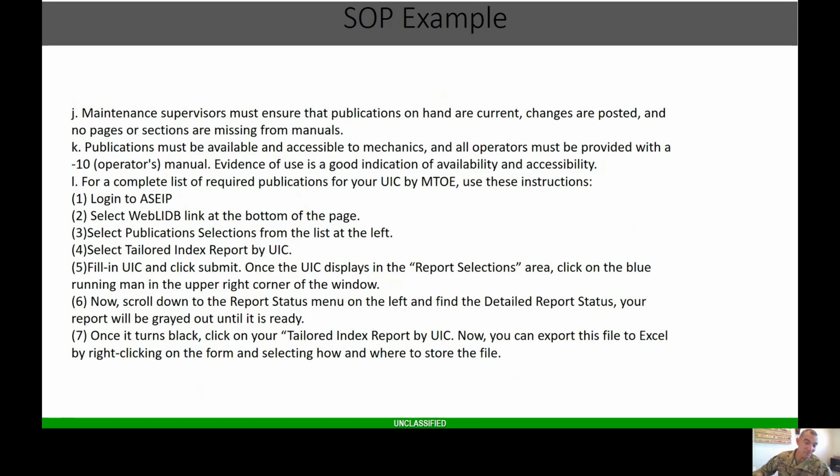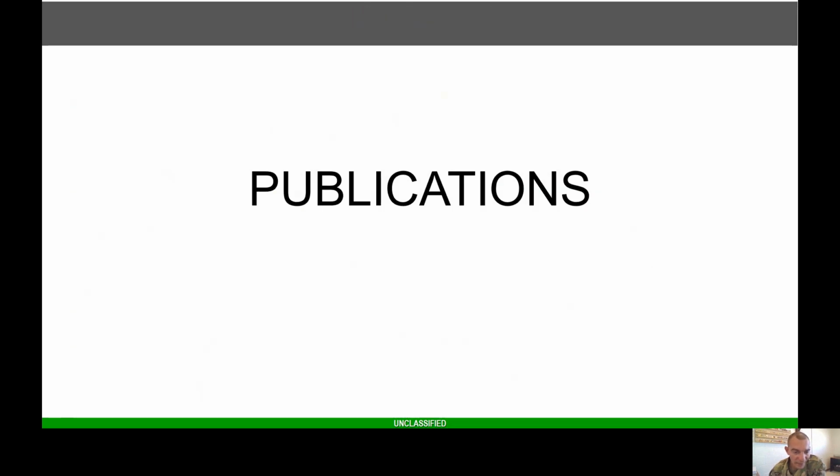It's one of the areas that must be mentioned in your SOP. With that said, we're going to go into our next series, which is how to set up a publications account. So let's talk about publications here.